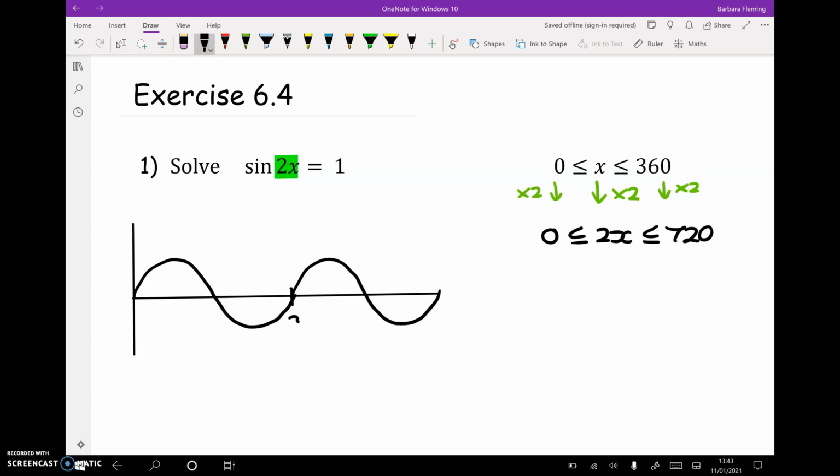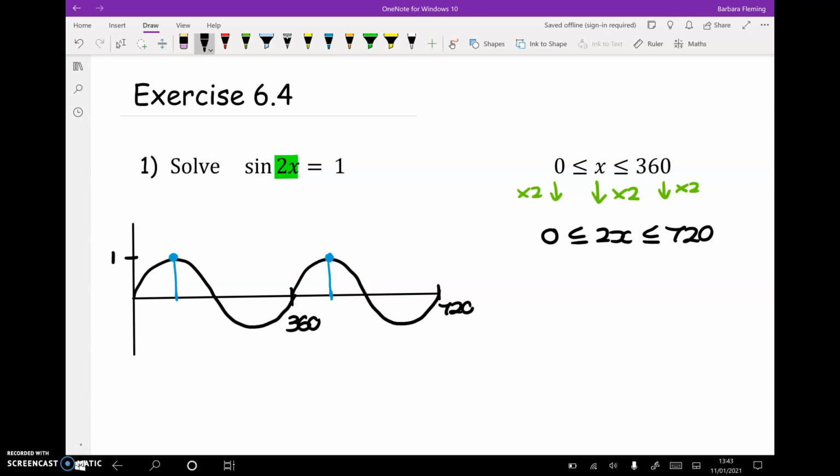So 360 is here, 720 is here. And we want to know when sine of our angle is 1. So we want to find whatever our x value is for this point and for this point. These are the 2 points in our graph where sine of our angle equals 1.